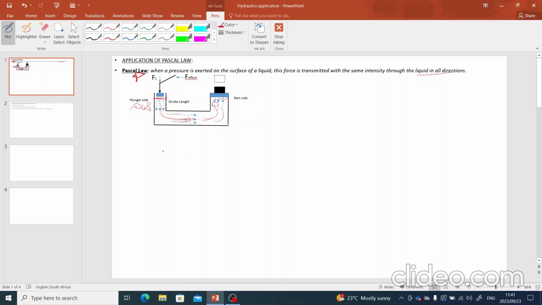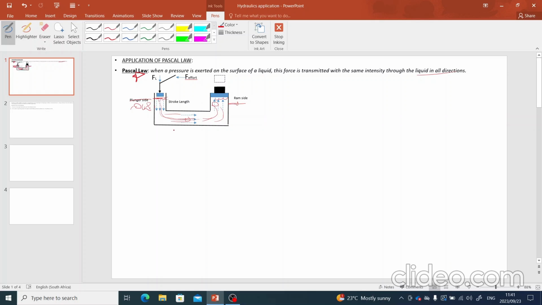Now, one of the characteristics of pressure in a liquid, we are told that pressure does not depend on the shape and size of the container. From this application, you can tell that the plunger side is the small side, and the ram side is the big side.